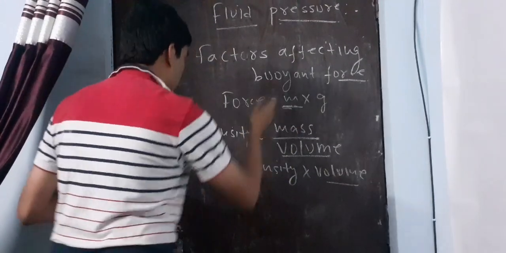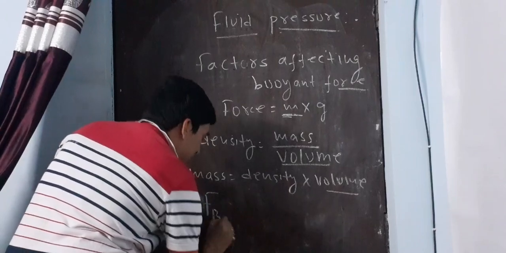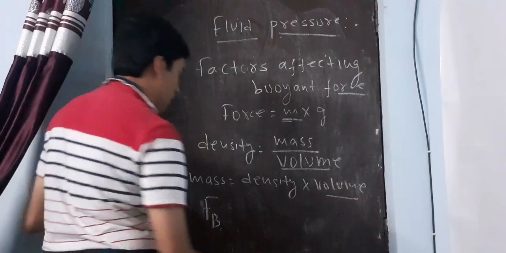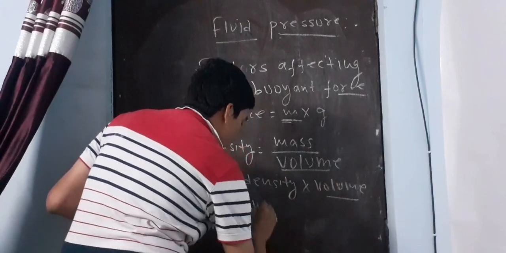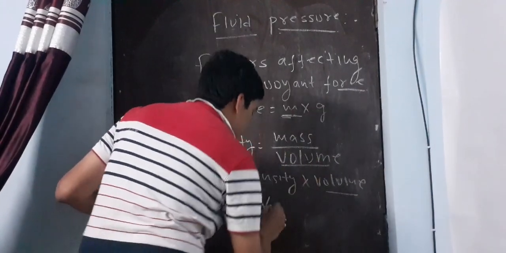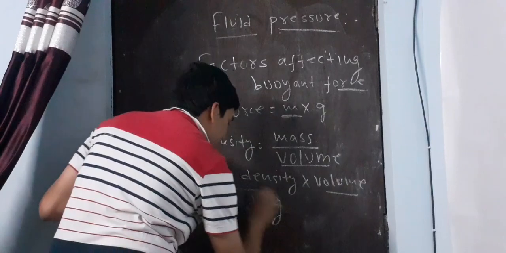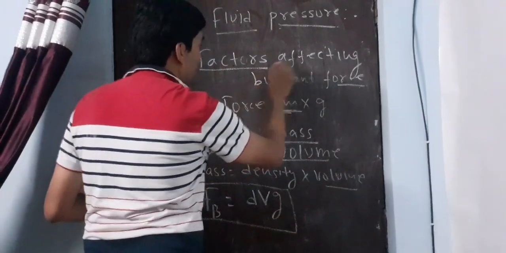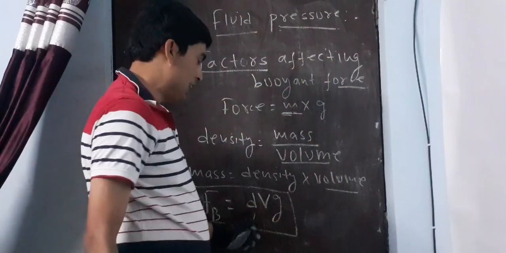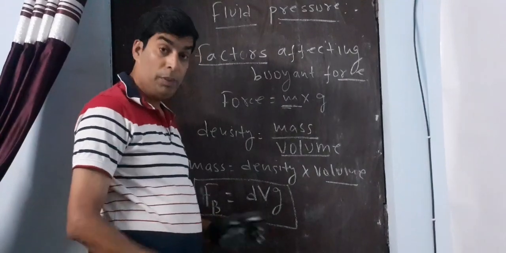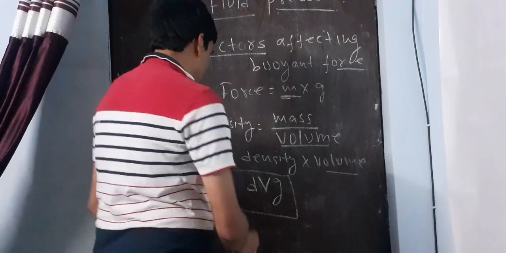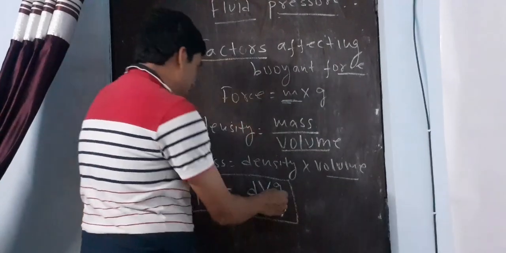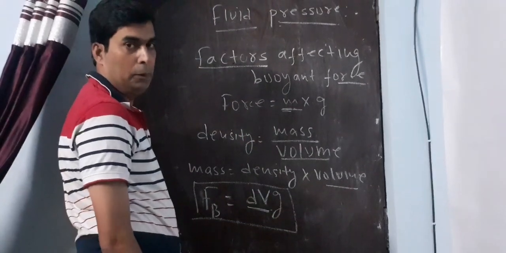So the expression for buoyant force F_B, B for buoyant force, is density D times volume V times G, the gravity. So the factors affecting buoyant force are the density of the liquid, the volume of that liquid, and gravity G. That means all of these are directly proportional to the force applied.